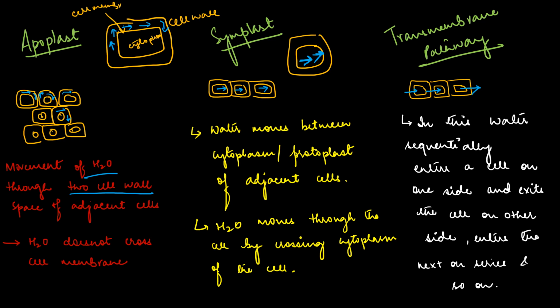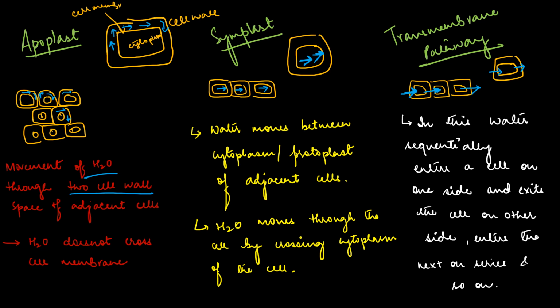Next is your transmembrane pathway. In case of transmembrane pathway, what is happening? Water is entering from one side and leaving the cell from another side. Again entering from one side, leaving the cell from another side. So this is how it looks. See, water is entering from this side, leaving from the next side. Right? Again, in the adjacent cell, water will also enter from one side and leave from the other side.